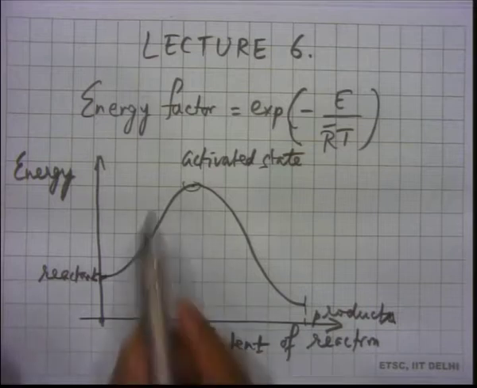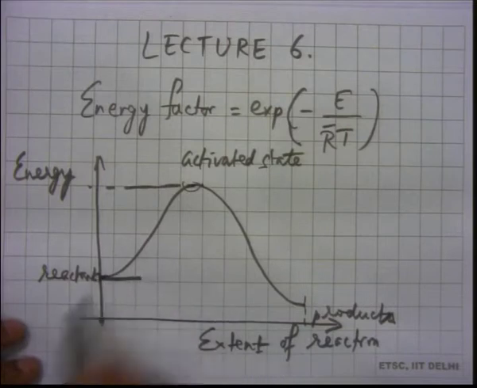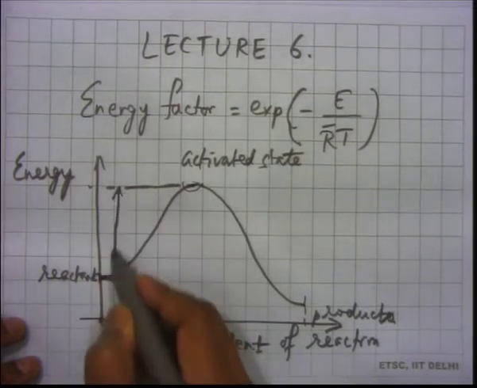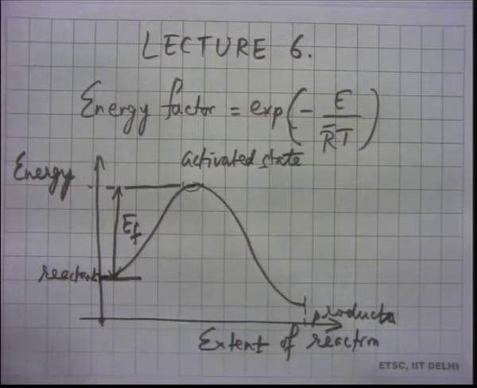So, this is the state corresponding to the activated complex, and between the reactants state at 0 extent of reaction and the activated state, this energy difference is EF, activation energy for forward reaction.